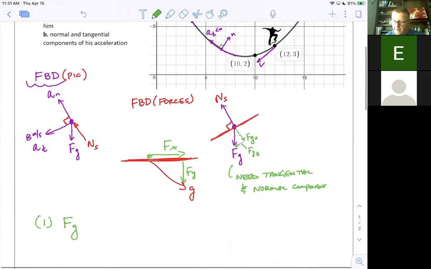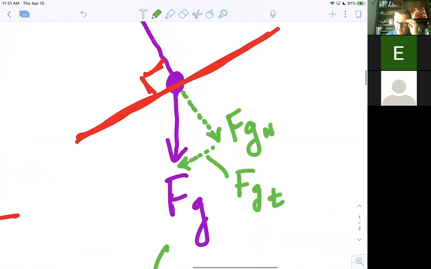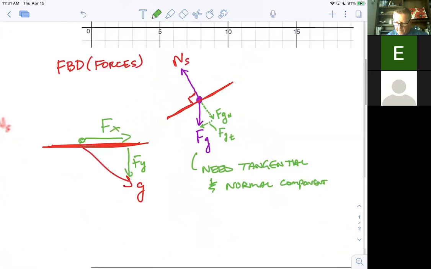But we need to know what angle we're at, because that tells us what part of our force of gravity is going into the ground, and what part of it is actually getting us to speed up downstream. Notice that the force of gravity tangential is causing our speed to increase. So yeah, that's exactly right.